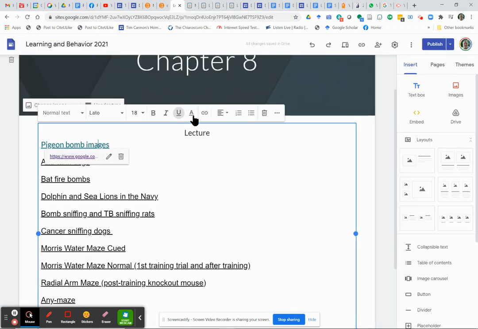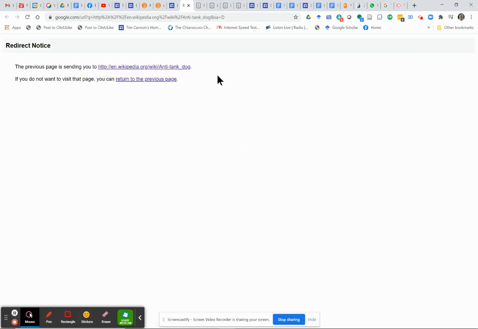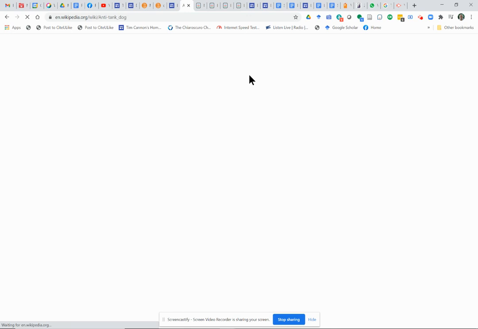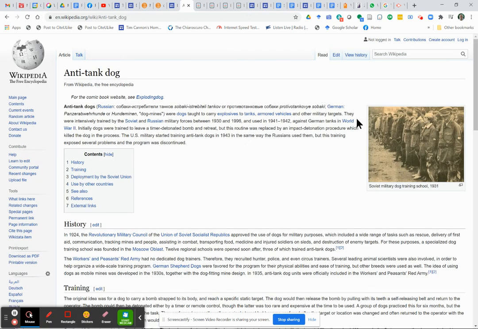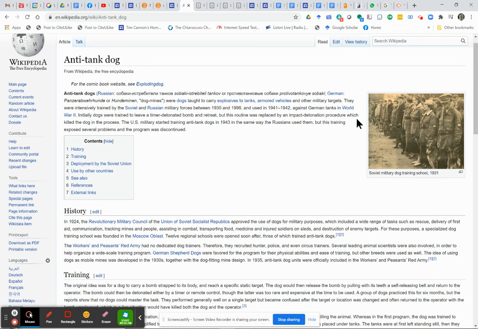Okay, so something else that actually was used, and this is pretty grim. Dogs were trained to run up underneath tanks. Soviets did this one. And as you might anticipate, it was not a good outcome for the dog or the tank.